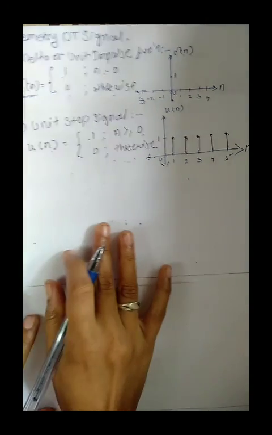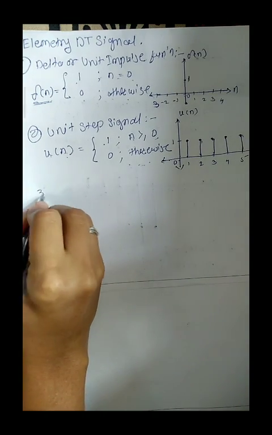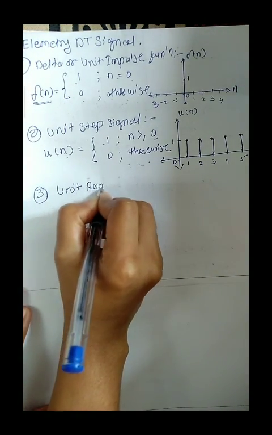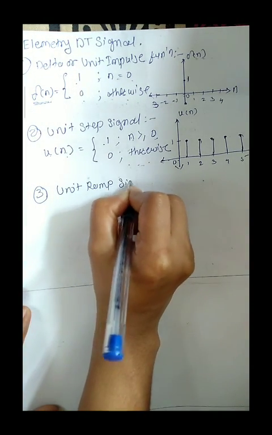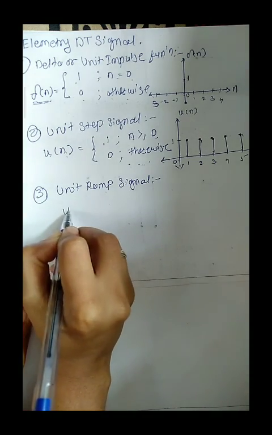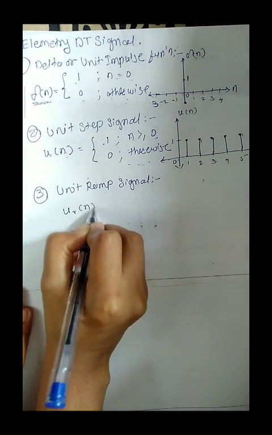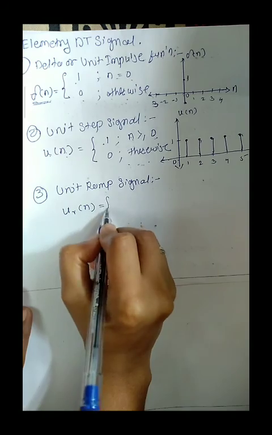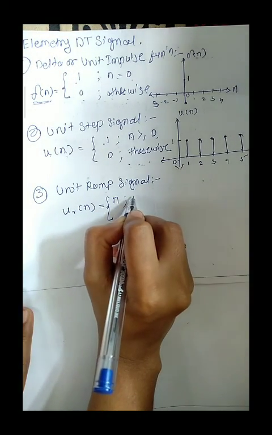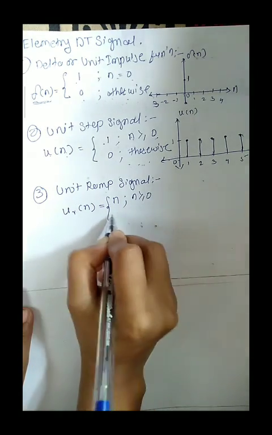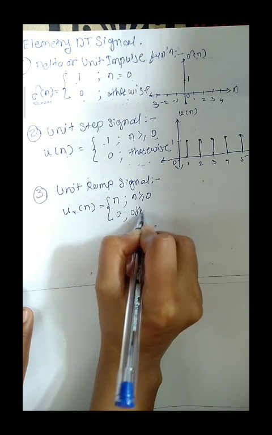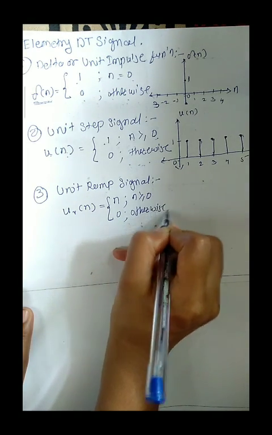The third is the unit ramp signal, which is denoted by u r of n, and it is defined as u r of n is equal to n for n greater than or equal to 0, and it is 0 otherwise.